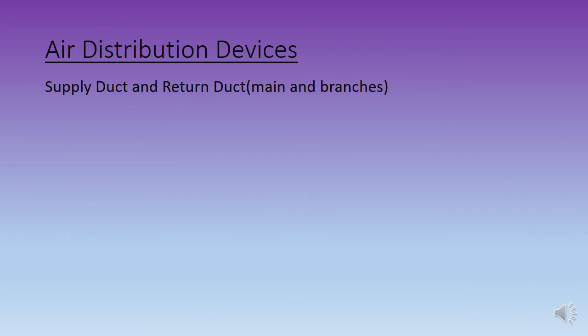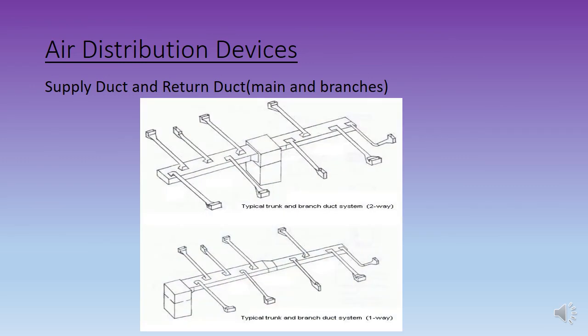Okay, next is supply duct and return duct for main and branches. This is the main trunk or main branch, and these are the branches. Normally for branches we use flexible duct, but just to recap, not more than 3 meter length.